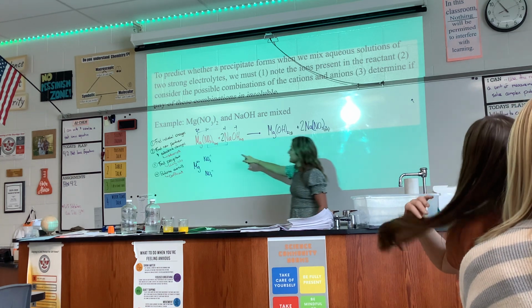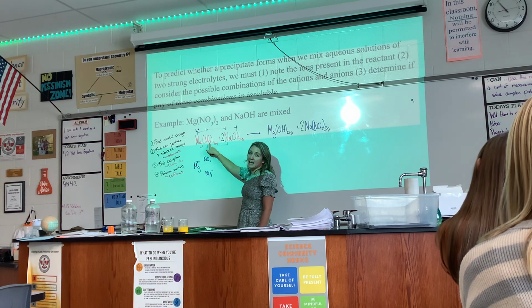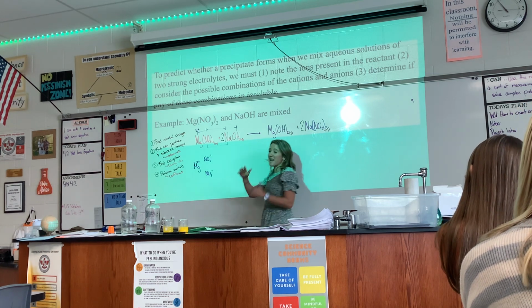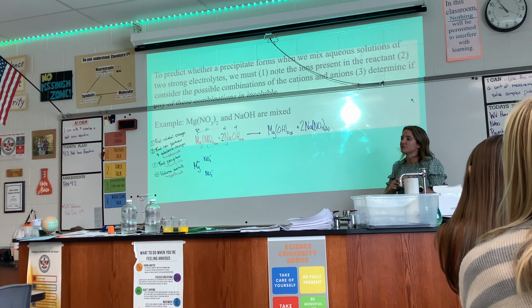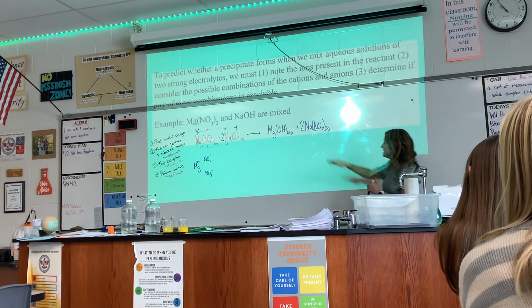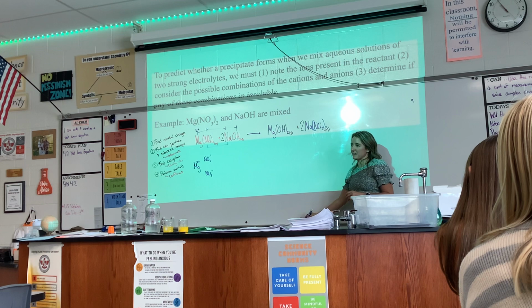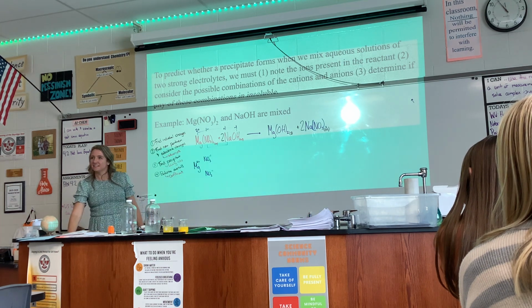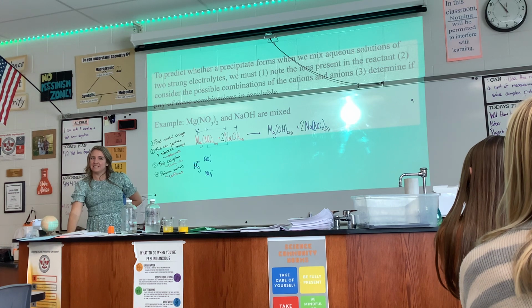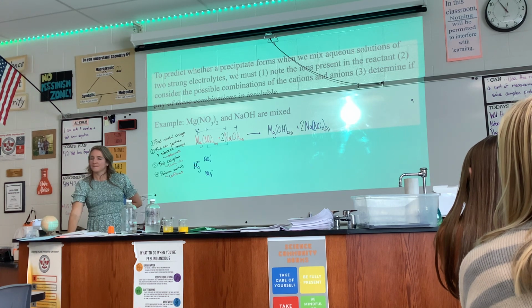So like NO3 inside the parentheses, that 3 needs to come. But numbers outside of parentheses, they don't come because they're just grouping in sets. They have to balance in the end, but they don't come with it. Okay? Okay, questions before we try another problem?